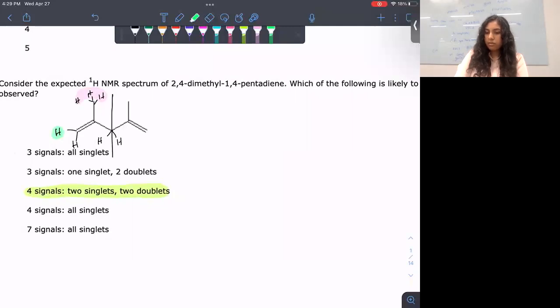Because these alkene protons are diastereotopic, they are separate, and then the protons down here are the same because of symmetry. So the pink one and the blue one, those are the two singlets, and then the green and this one, they're doublets because they are neighbors to each other. So n+1, each of these signals is going to be a doublet.